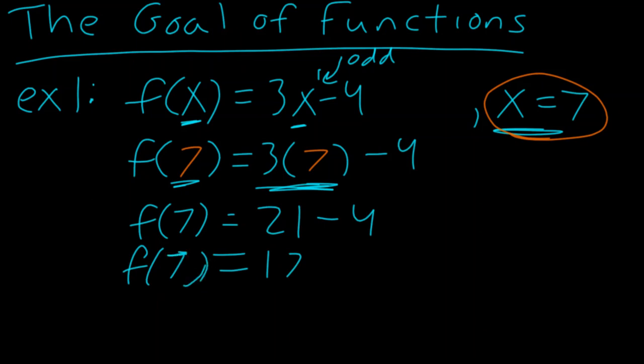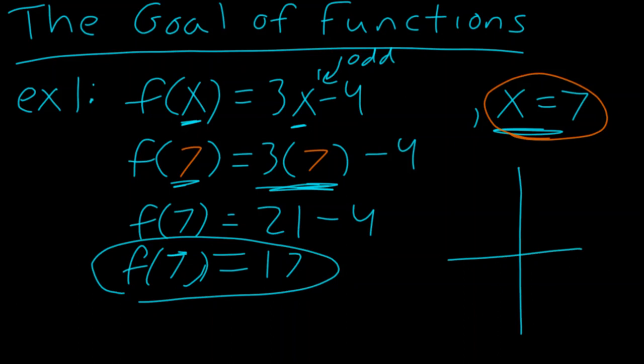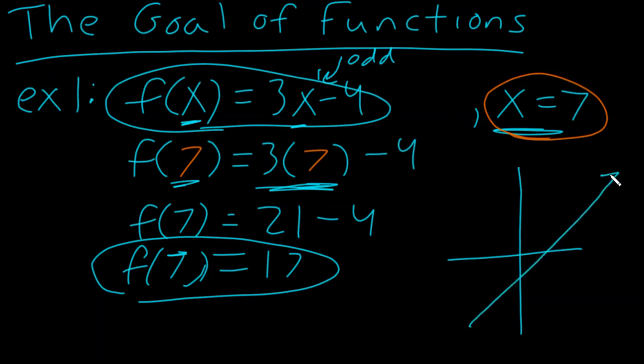Now, what's important here, f of 7 equals 17, is how this relates to a graph. Let's say I know that this is a linear function, our only straight line function, and it's going to look something like this. What does f of 7 equals 17 really mean?